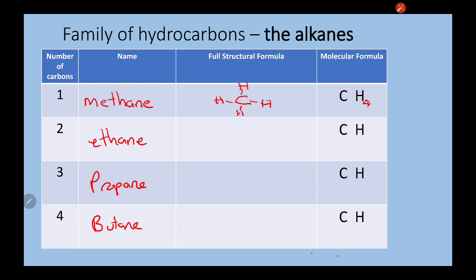Let's have a go. I'll do ethane as well, and then I'll let you have a go at the others. So ethane, we know ethane because eth has 2 carbons. So let's put that in. Carbon, carbon. We know it's an alkane, which means that the carbons have to have one single bond between them.